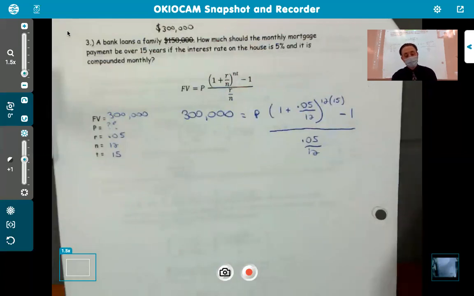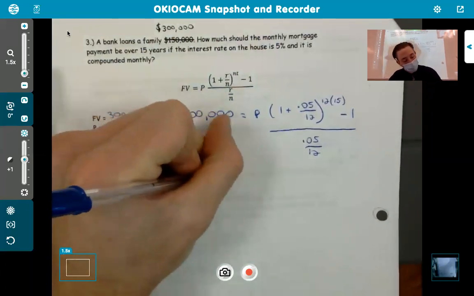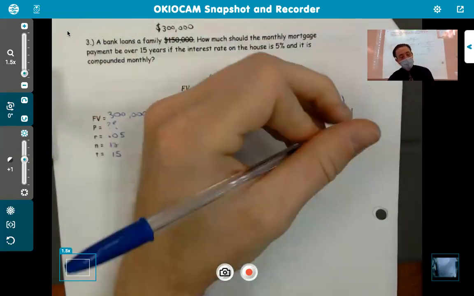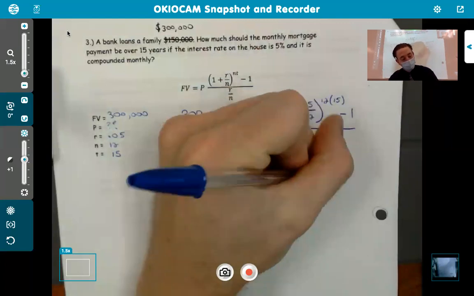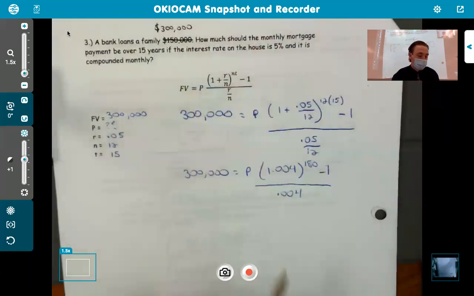All right, what's 0.05 divided by 12? Somebody help me out with that. 0.004. We add 1 to that, we get 1.004. So I have 300,000 equals P times 1.004 raised to the 12 times 15, which is 180, minus 1, divided by 0.004. Again, remember the 1 is going to be up top.